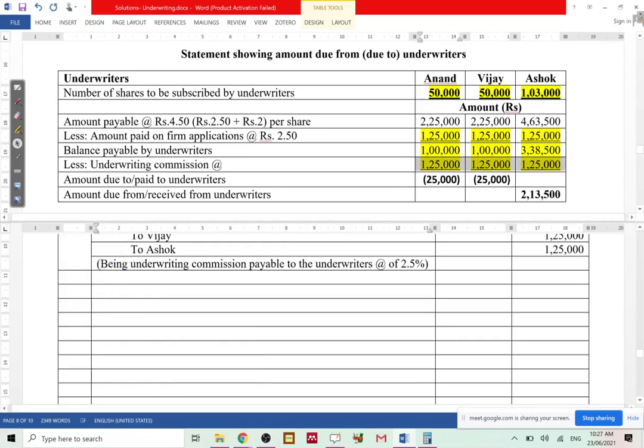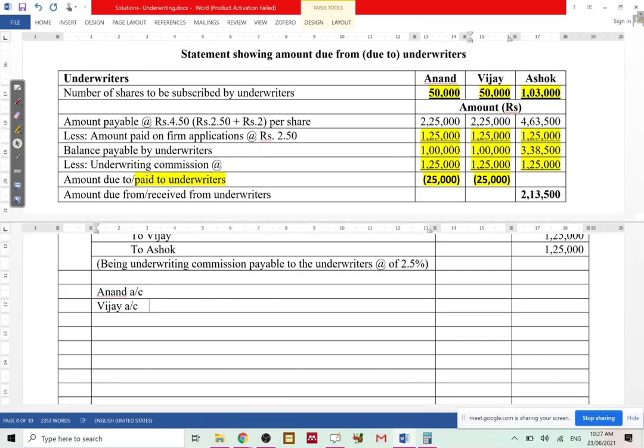Okay, and then now let's see how much of these amounts are payable to each one. Amount paid to and due from, that is paid to and received from underwriters. So company has paid to underwriters this much to Anand and Vijay. Let's write that first. So paid. Who received? Anand and Vijay received, right? So Anand account will be debited. Vijay account will be debited.